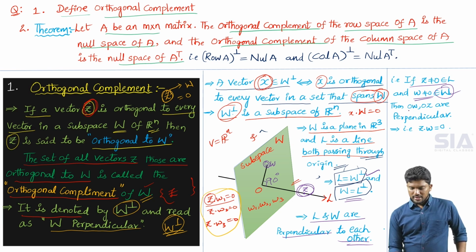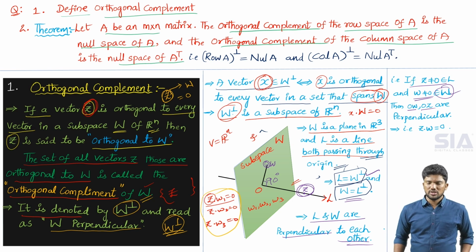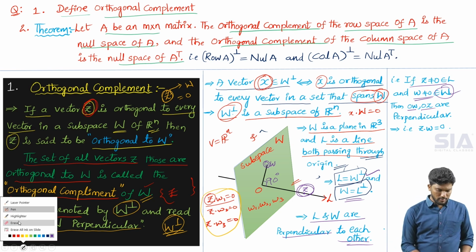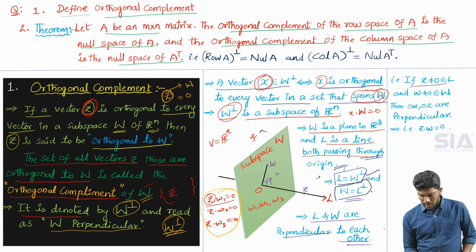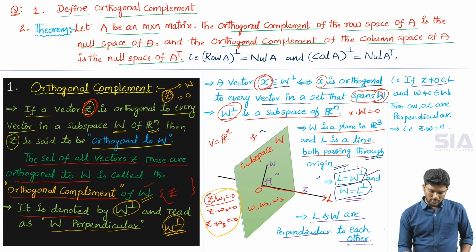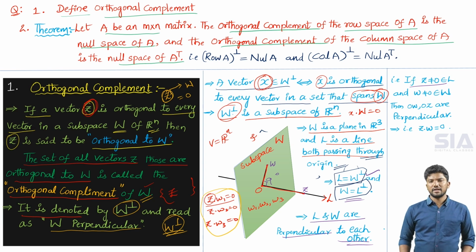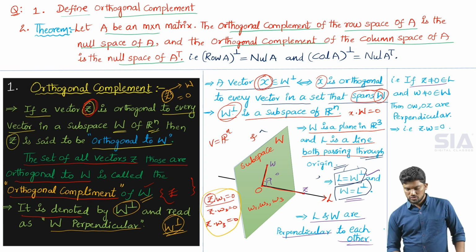Then the segments OW and OZ, in the diagram you can see that from the origin to Z this segment is OZ, and from the origin to W that segment is OW.